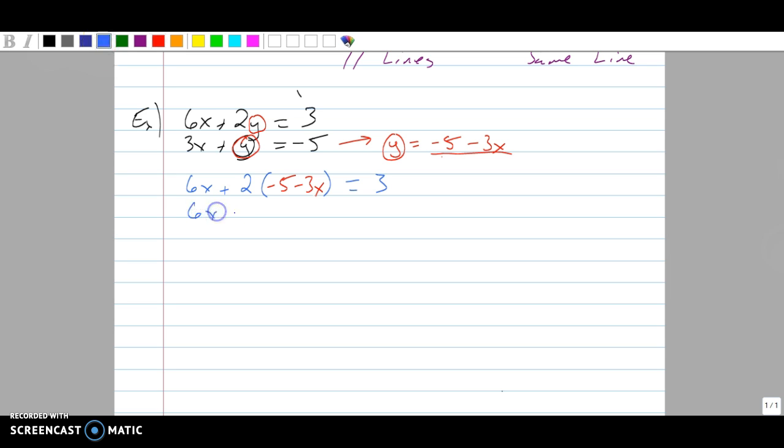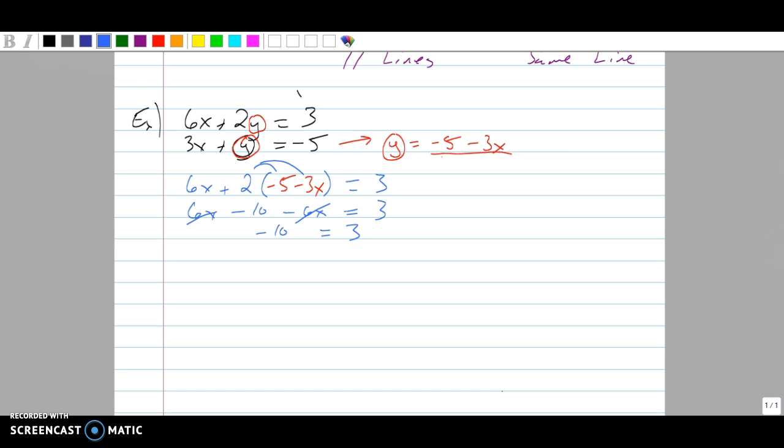You got 6x minus 10, because we're distributing, minus 6x equals 3. Then combine like terms. 6x minus 6x is, well, look at that. Those cancel each other out. They eliminate each other. We're left with negative 10 is the only thing left on this side, is equal to 3.